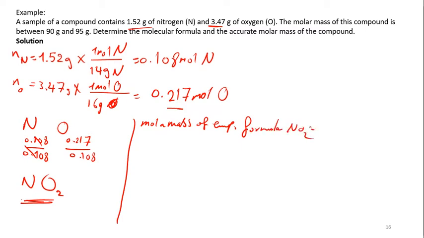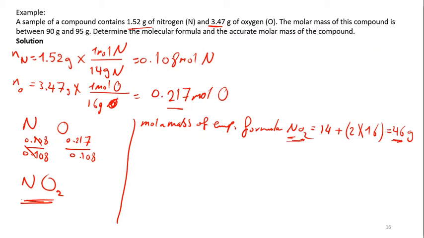So the molar mass of empirical formula NO2 is equal to the N, which is 14, plus 2 multiplied by 2 oxygen atoms with atomic mass 16, and this would be equal to 46 grams. Now if I look here, I have 46 grams for the empirical formula.